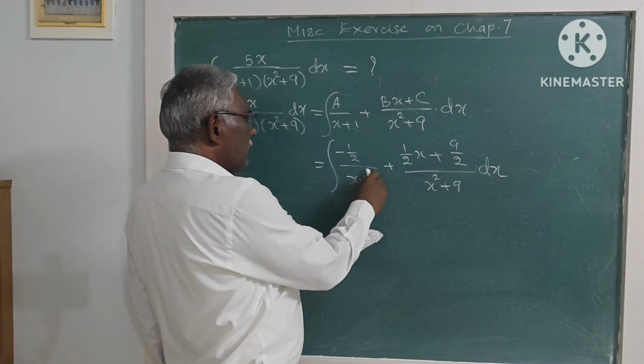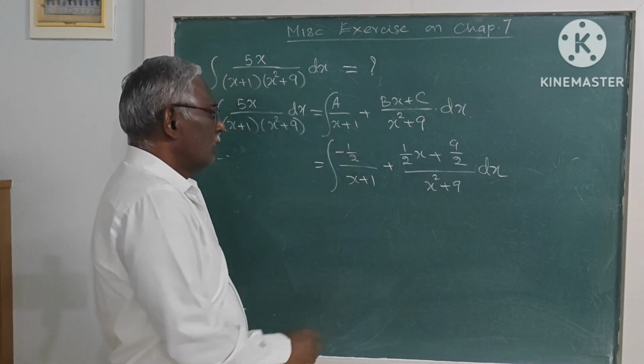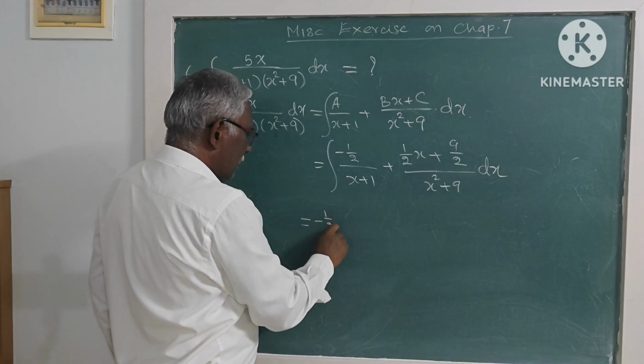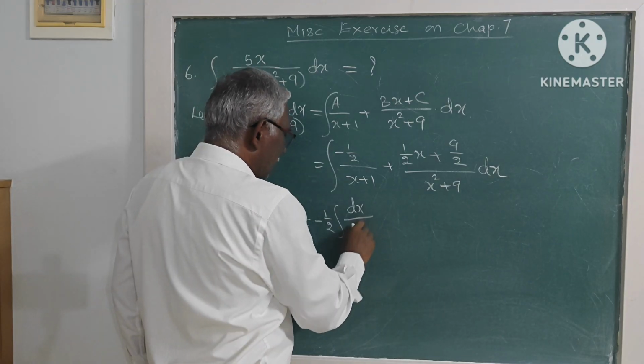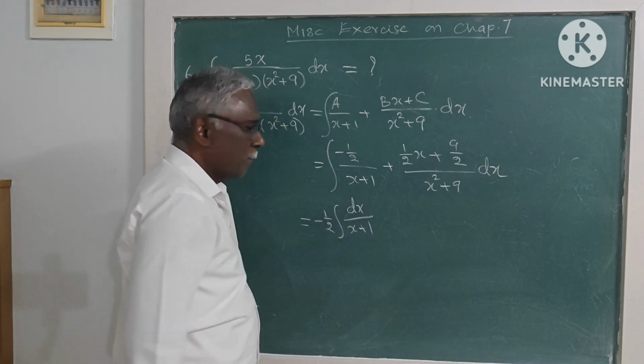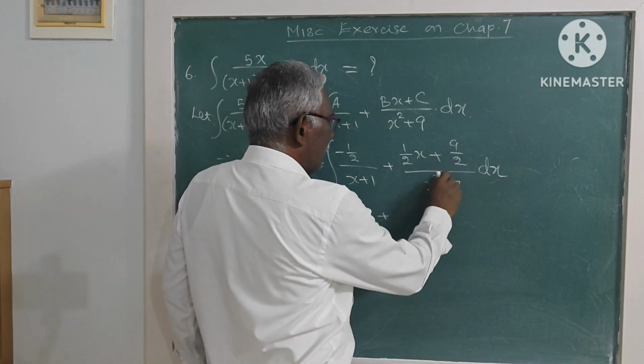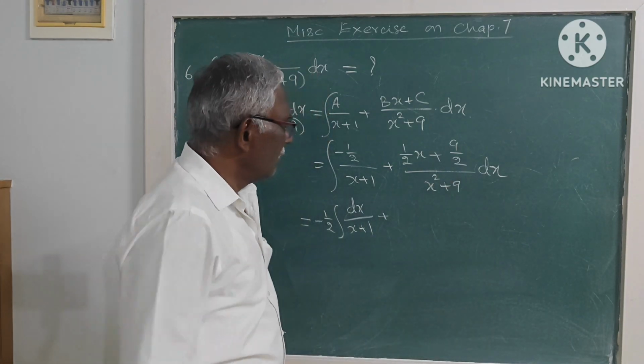Now if we differentiate x plus 1, we are getting 1. So this is equal to minus half times dx by x plus 1 plus, if we differentiate this, we are getting 2x.